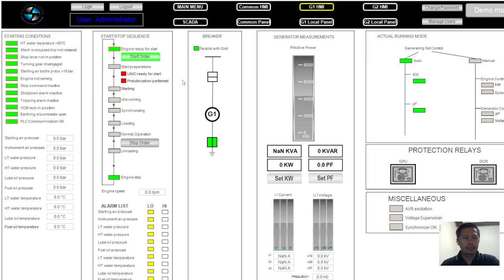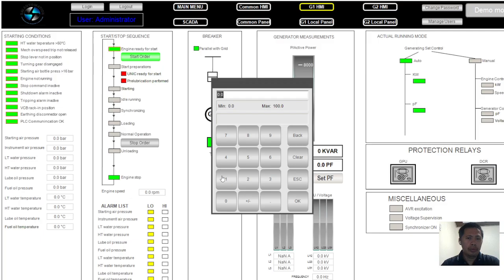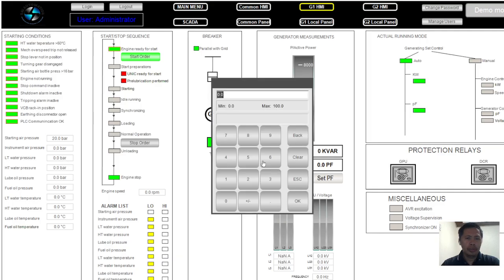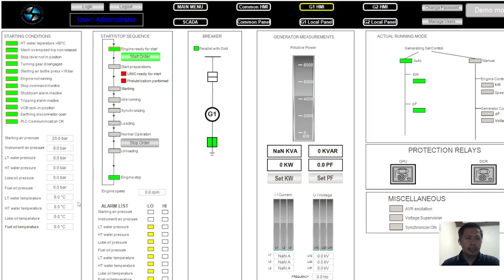So now we can start. Part of the checklist is that the starting air pressure must be above 16 bars. So maybe I will assume that it is at 20 bars. Instrument air pressure maybe around 8 bars.